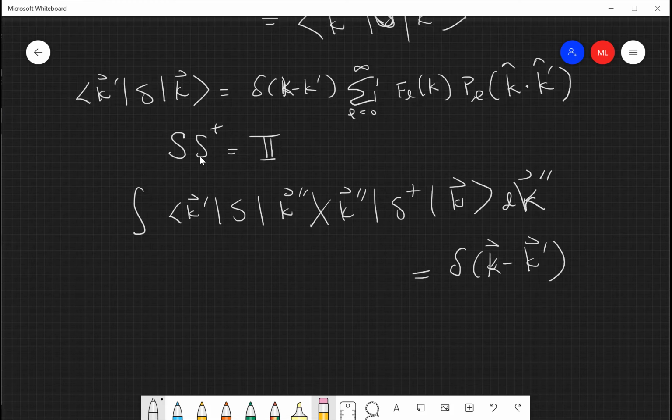This is sandwiching the identity between k prime and k, which should give us a delta function, then recognizing the identity can be written as S times S dagger, and sticking in a completeness relation in terms of the free particle states.